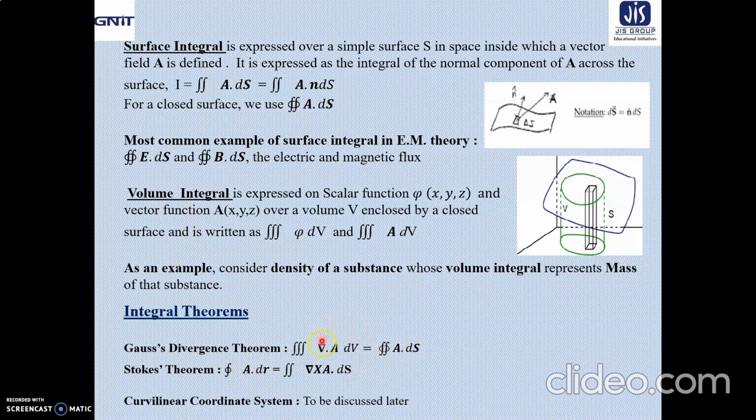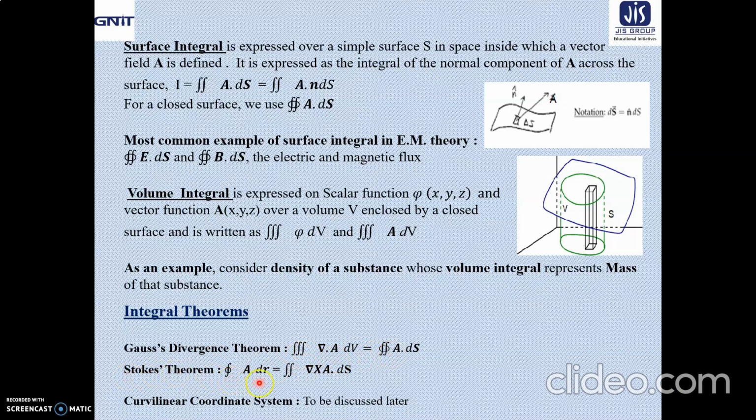The statement is that the volume integration of the divergence of a vector field is equal to the closed surface integration of that vector field. That means if we consider a closed surface S enclosing a volume V, then the divergence of any vector field defined inside, integrated over the volume, is equal to the surface integration of the flux of that vector field. That is Gauss's divergence theorem.